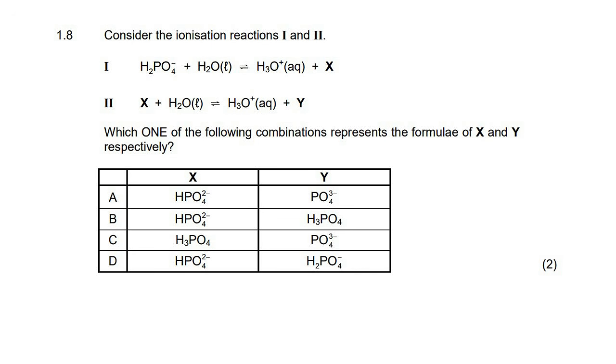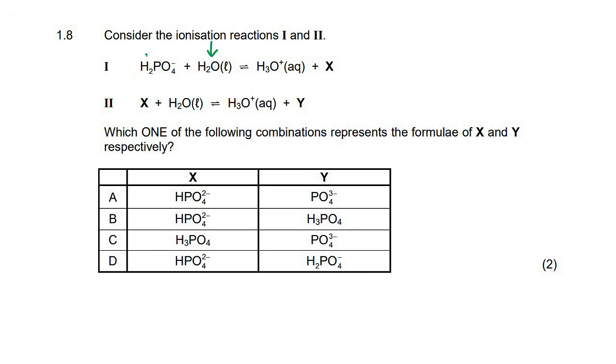Consider the ionization reactions 1 and 2. And then they give us these ionization reactions over here. So they just want us to fill in the rest. Now, this is actually pretty easy because look here. If you look at these two, we can see that this water molecule gained 1 hydrogen. Where did it get that hydrogen from?